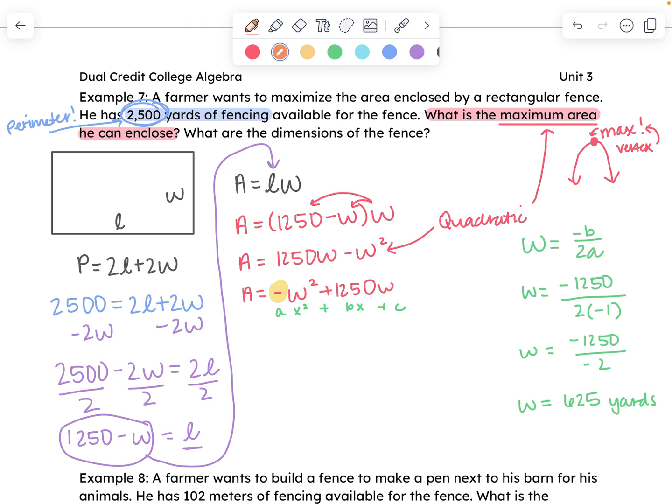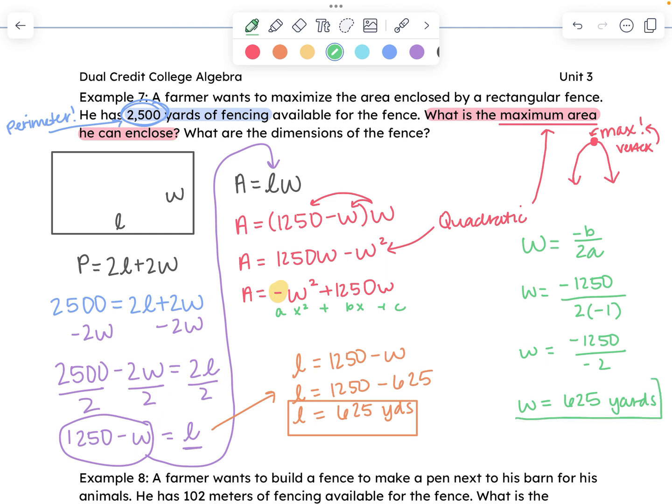Then for my length, I'm going to use this equation: L is equal to 1,250 minus W. So L is 1,250 minus the 625, so my length is also 625 yards. So I found my dimensions. There's my length, there's my width.